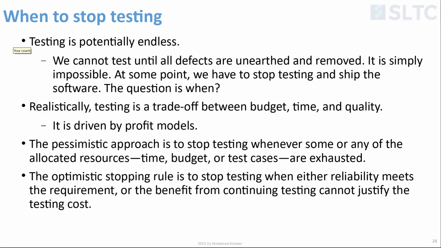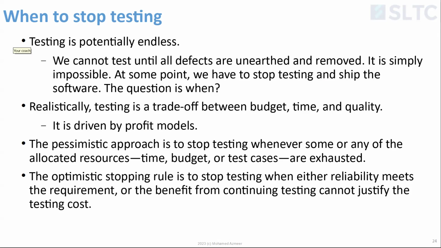You can't have a very high quality cheap product, or a very high quality product without spending a lot of money, right? So that's why these three are connected. So the point here is it's driven by profit models. That's the sort of question we have.